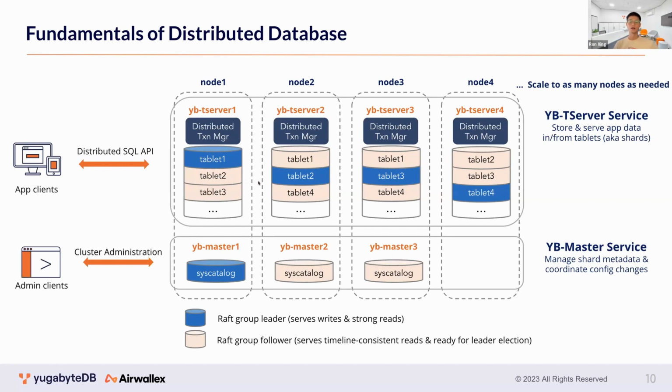Then for resiliency and HA purposes, each tablet will have multiple copies. Here, it will have 3 copies. Of course, you can have your own choice of number of data copies to have high resiliency, right? So that's all for the fundamentals of a distributed database.